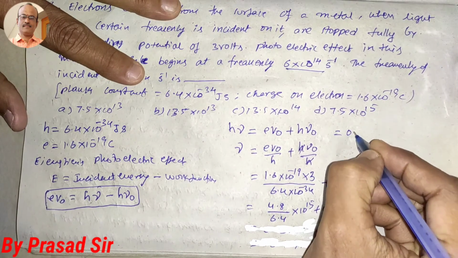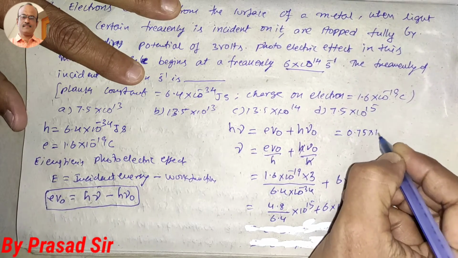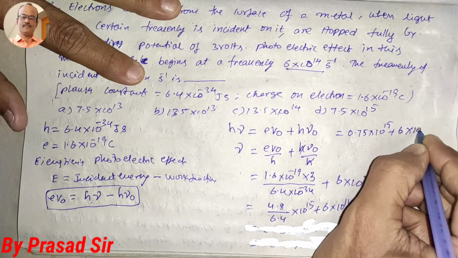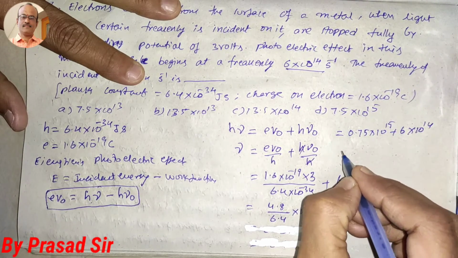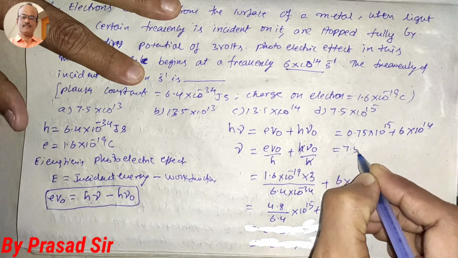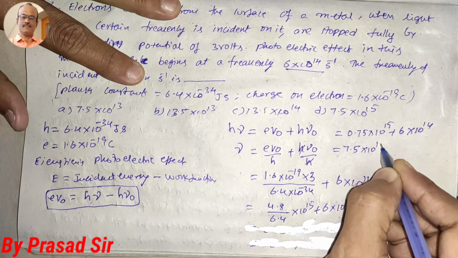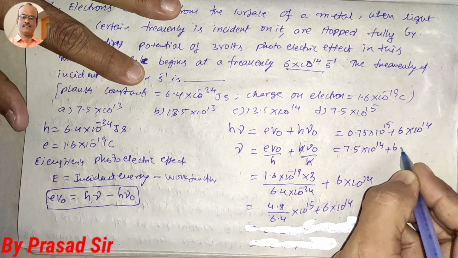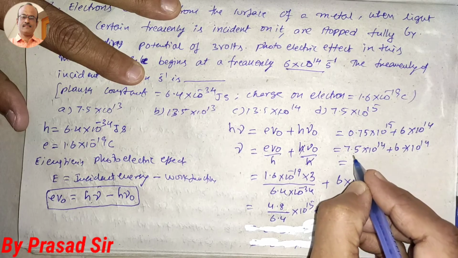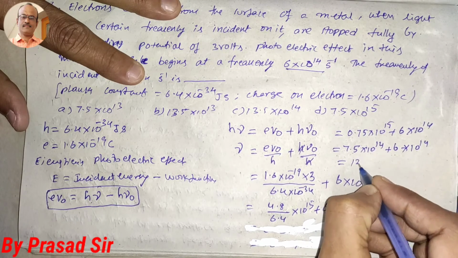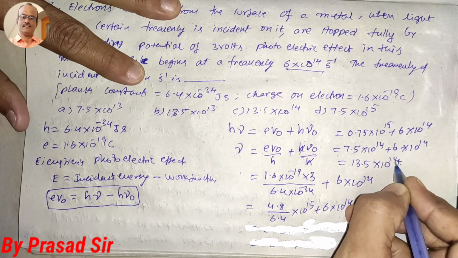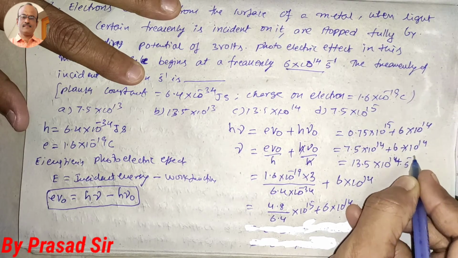There we are getting 0.75 into 10 to the power of 15 plus 6 into 10 to the power of 14. But this 0.75, I will write as 7.5 into 10 to the power of 14, plus 6 into 10 to the power of 14. That is 7.5 plus 6, which is nothing but 13.5 into 10 to the power of 14 second to the power of minus 1.